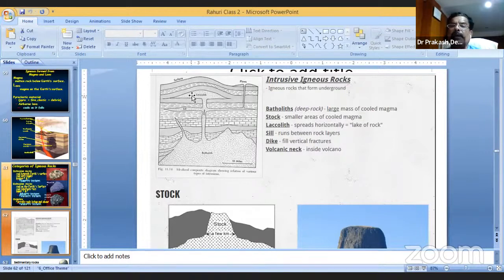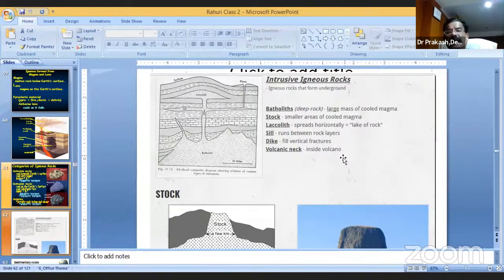Like a mushroom, it pushes the lithosphere's hard rocks upward. Then sill runs between the rock layers. So these are the sills. Then dike fills vertical fractures. Then volcanic neck is inside the volcano.